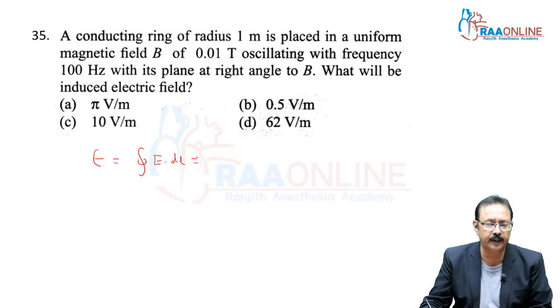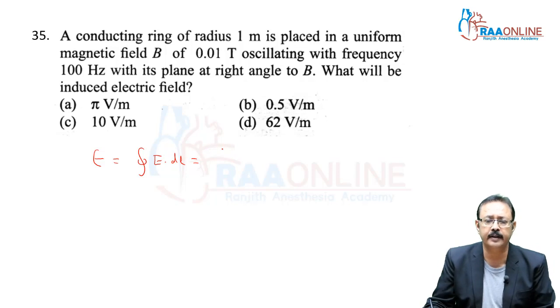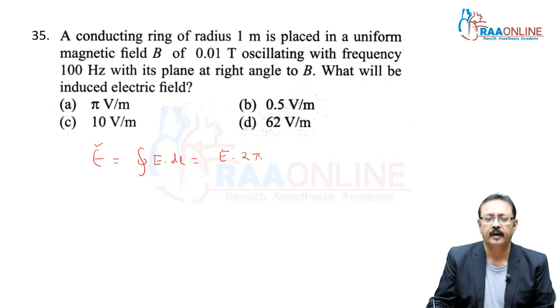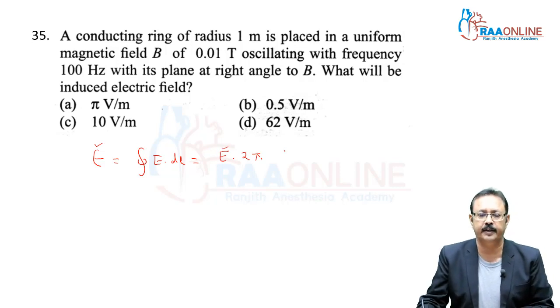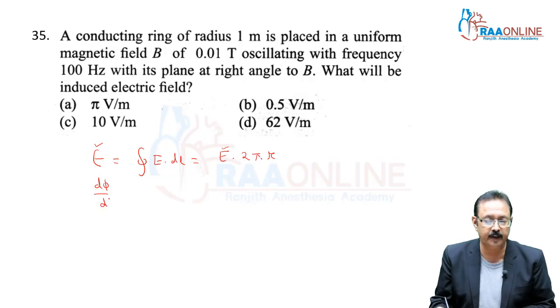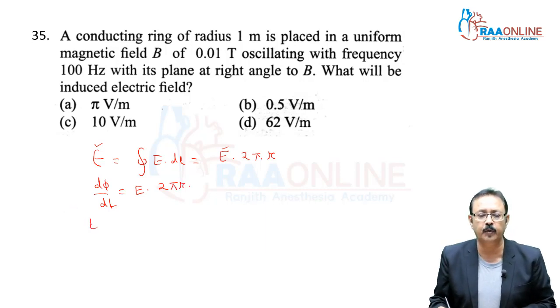And what is E dot dl? dl is here 2 pi r. So it is E into 2 pi R, where E is the electric field intensity. And you know that induced EMF is d phi by dt. So d phi by dt is equal to E into 2 pi R. So in this way you are able to calculate E.